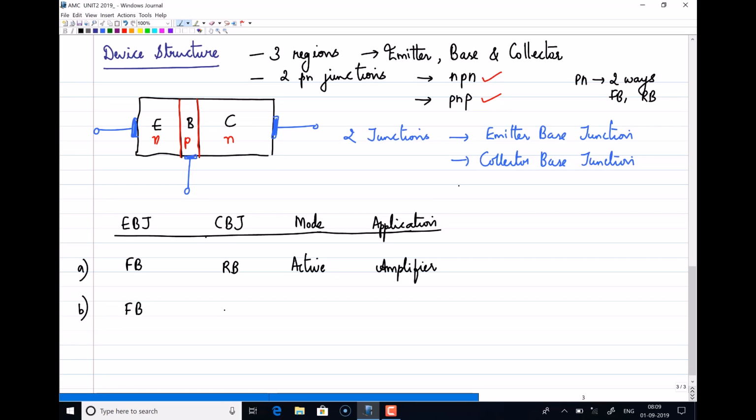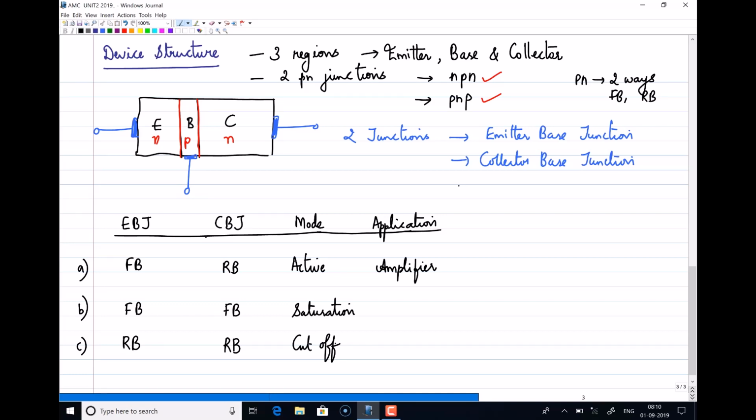Now I can keep the emitter base junction still in forward, and if I make the collector base junction also forward, this mode is known as saturation mode. And in the other way, if I keep the emitter base junction reverse and the collector base junction also reverse, we call this mode cutoff mode.